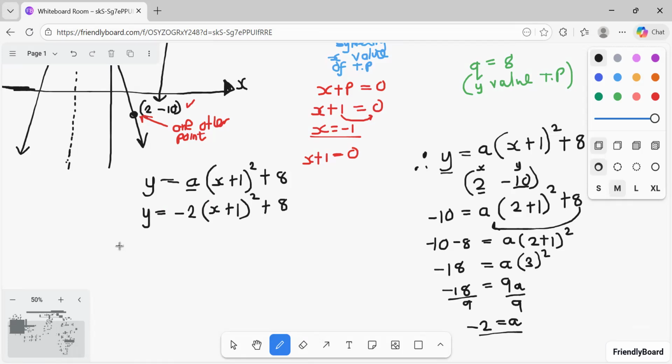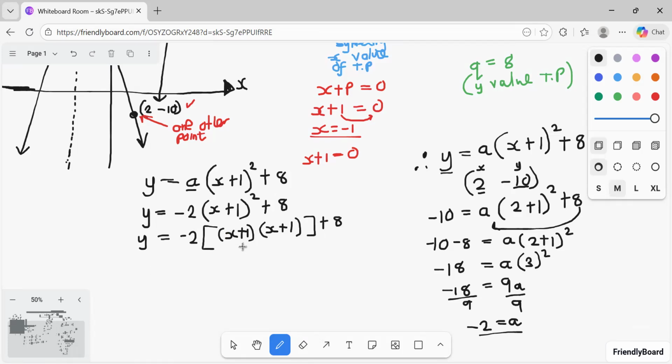All right, so this becomes y is equal to negative 2. Then I can put my outer bracket. x plus 1 squared means x plus 1 times x plus 1, like this. That's what it means. Then I say plus 8 right there.